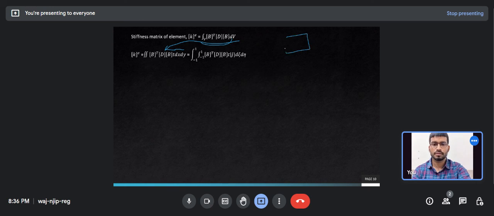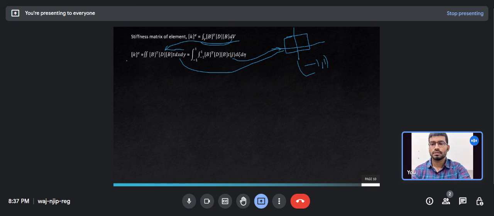And this we can further simplify for the natural coordinate system. We have replaced the derivatives dx and dy in terms of d zeta and d eta. And we know that in the natural coordinate system, the variation of eta and zeta is from -1 to 1. That's why the integration is from -1 to 1.